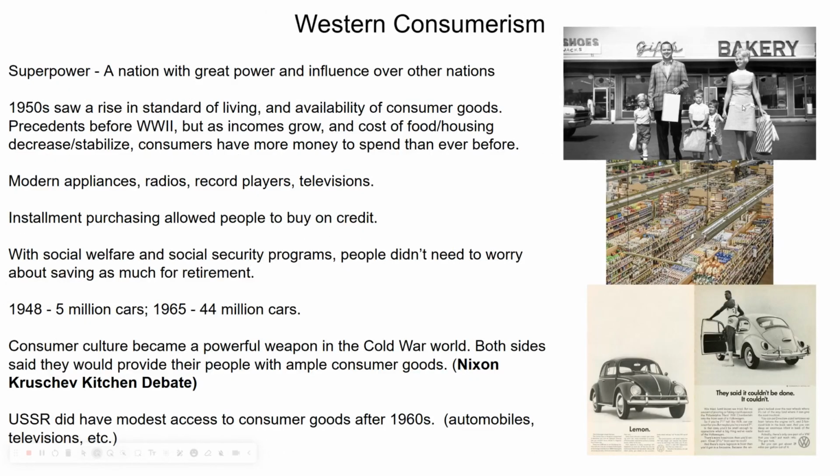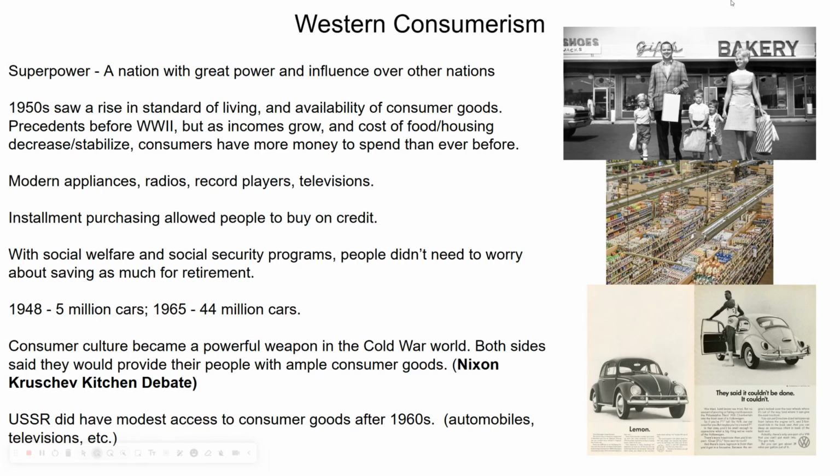Finally, looking at the economies of the West, again, capitalism, free trade goes on a whirlwind tour. We see the American superpower lead the way, with Western Europe following America's lead. And we see appliances, cars, credit just grow and grow and grow throughout the West, throughout American society.